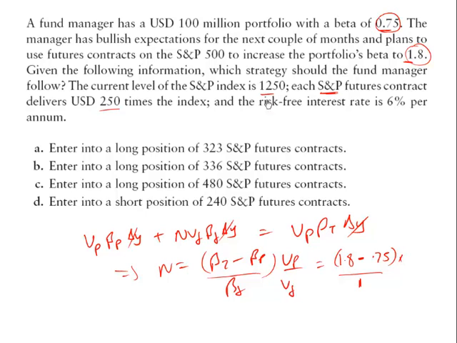Value of the portfolio is given to be 100 million, that is 100 into 10 to the power 6 divided by value of the futures. Value of one futures is 1250 into 250 times the index. That's the minimum I can purchase. So divided by 1250 into 250. Please note this risk-free rate of 6% is redundant. We didn't need this in the calculation.